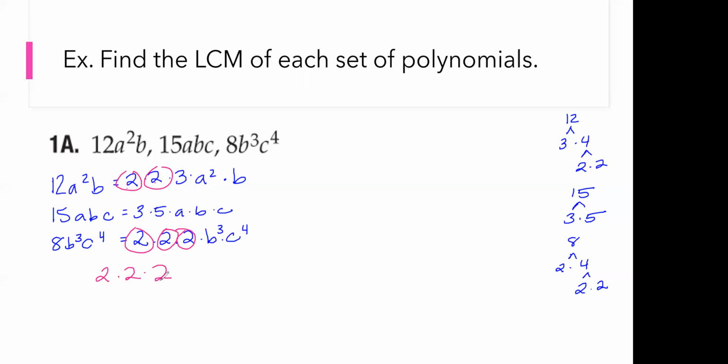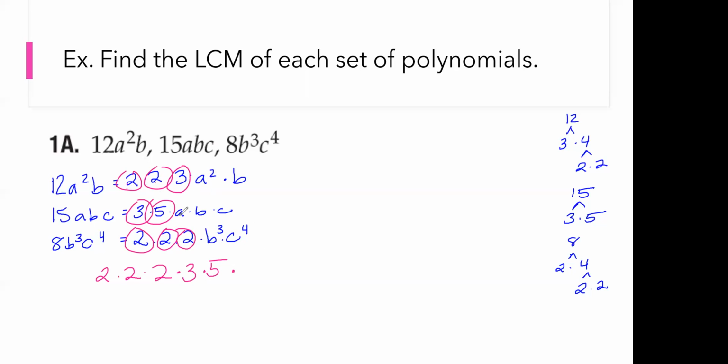So we would use 3 factors of 2. We want the greatest number of factors, right? Then we have 3 and 3 here. There's no 3 here, but since these two both have a factor of 3, we would include that, okay? And then here we have a 5, so we would also multiply by 5.